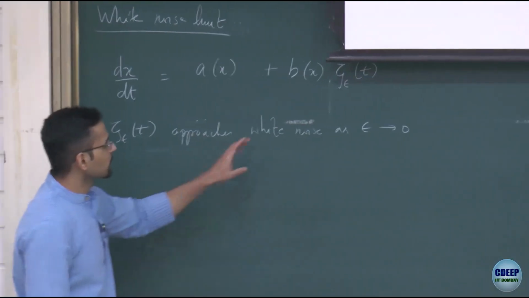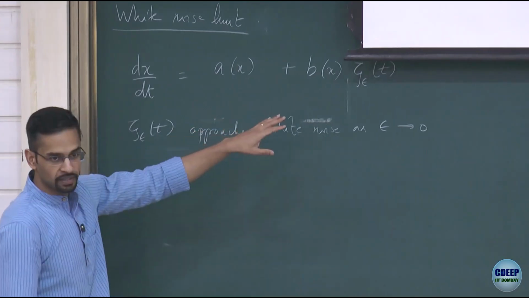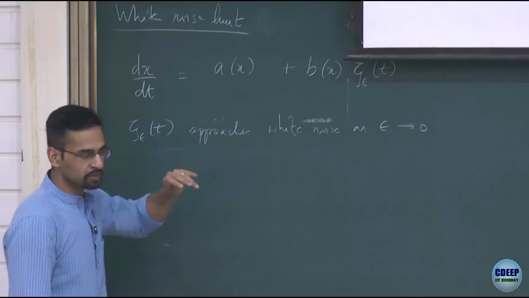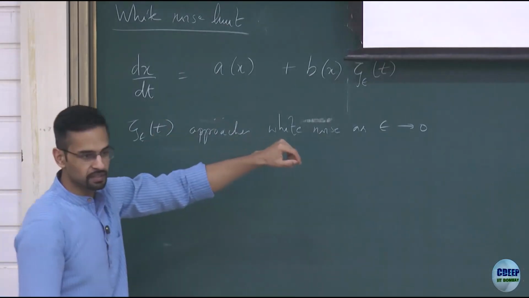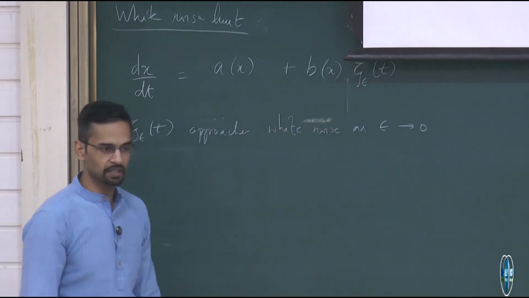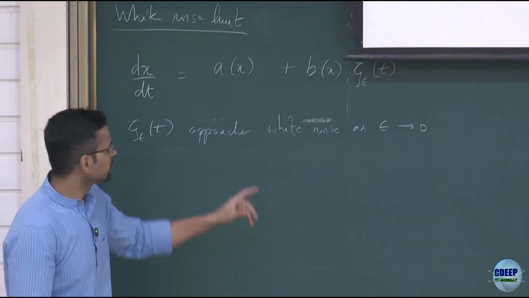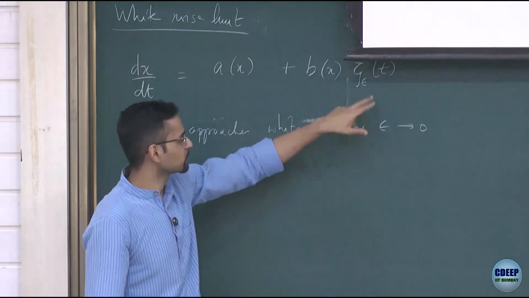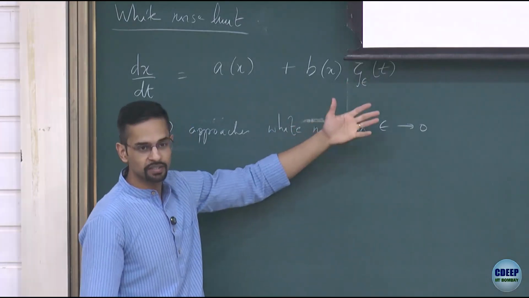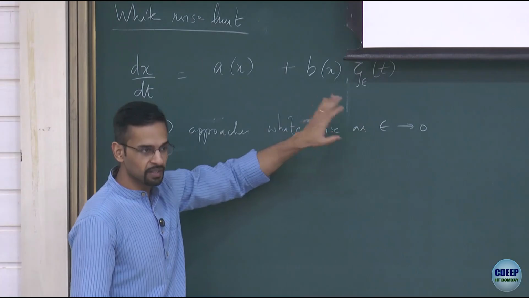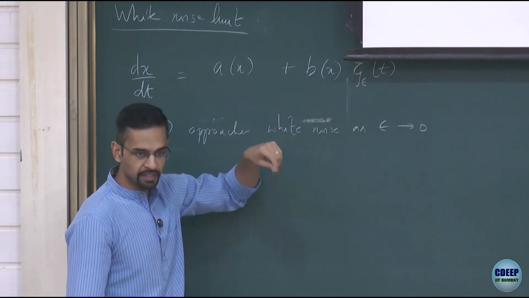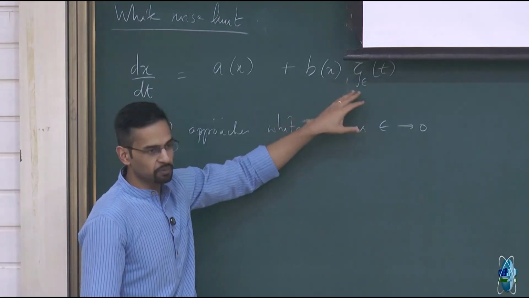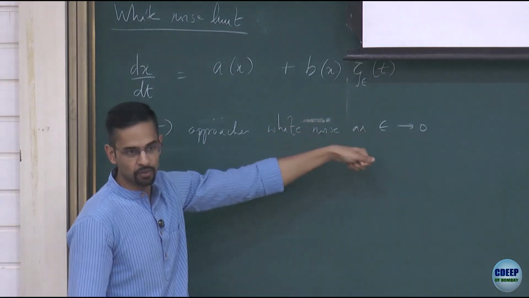So remember, in this kind of Langevin equation framework, which we had started with originally when we did Brownian motion, Langevin wrote something like this, where he treated the force as some zeta which was white noise. So in this way of writing it, which is of course not rigorous, it's some kind of singular thing. This white noise has a singular behavior where, if you remember, it's delta correlated in time, and at the same time instant its variance is infinity. Okay, so we want to create that sort of situation as epsilon goes to 0.